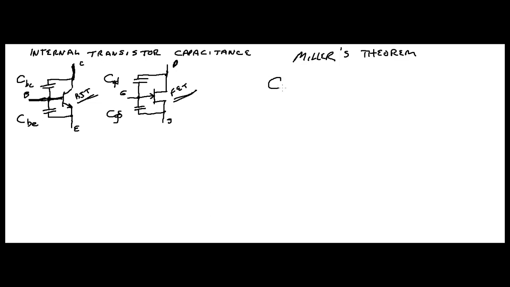And this is how it's stated. C in Miller, C in, it's an N, Miller, is going to equal capacitance times AV, that's your simple gain of your amplifier, plus 1. Now, that's your gain.